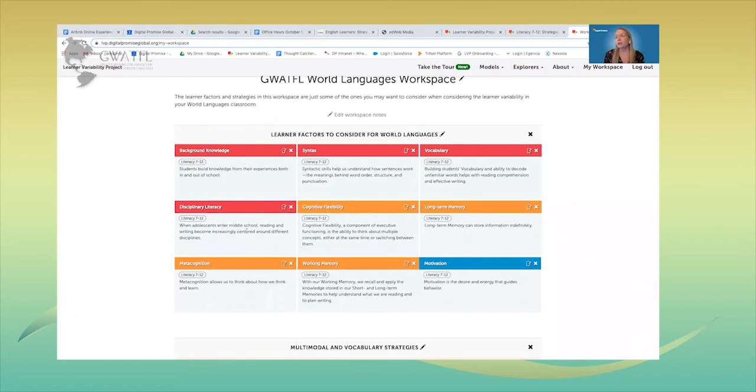So these are the learner factors that I selected that I think could really be helpful to think about how they're connected and their impact on world language learning. So of course you have background knowledge.